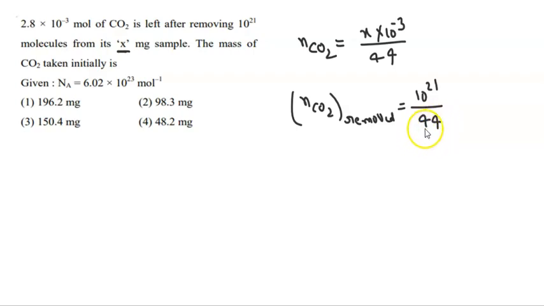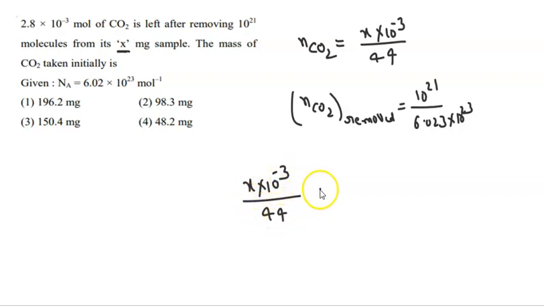So, number of moles of CO2 removed is equal to 10 power 21 by Avogadro number. Number of molecules by Avogadro number you have to do here. That Avogadro number is 6.023 into 10 to the power of 23. So the total moles initially taken is x into 10 to the power of minus 3 by 44. Removed moles are 10 to the power of 21 by 6.023 into 10 to the power of 23.